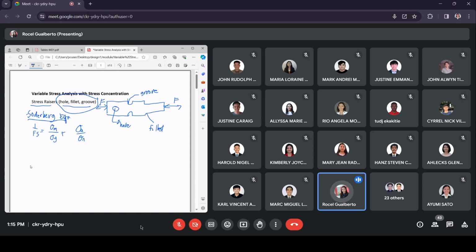And for the Goodman, we have 1 over factor of safety equal to sigma m over sigma u plus sigma a over sigma n. It only differs on the use of sigma y and sigma u.